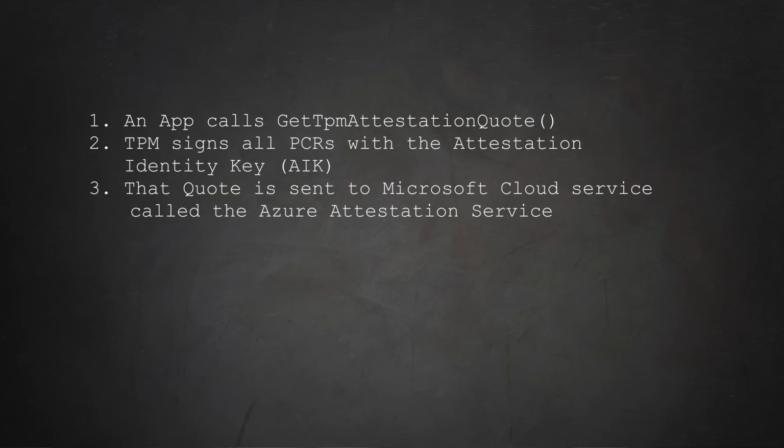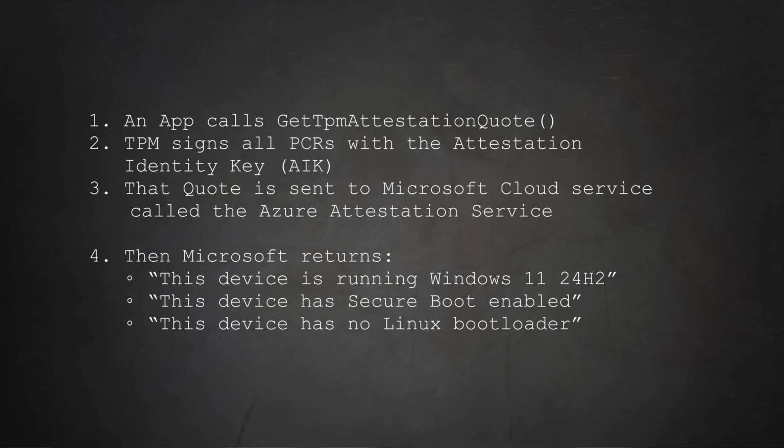TPM signs all PCRs with the attestation identity key. That quote is sent to Microsoft Cloud Service called the Azure Attestation Service. Then Microsoft returns, this device is running Windows 11 24H2. This device has Secure Boot enabled. This device has no Linux bootloader.